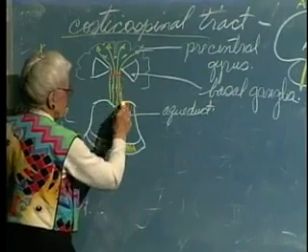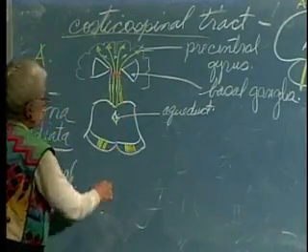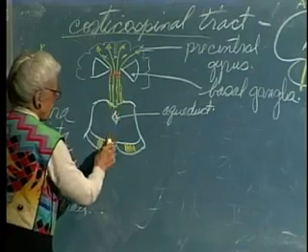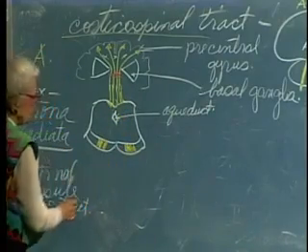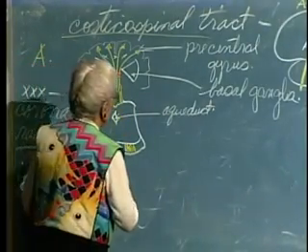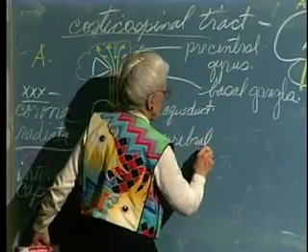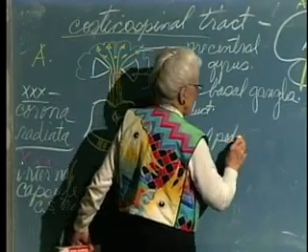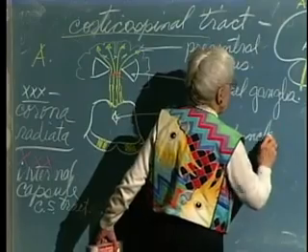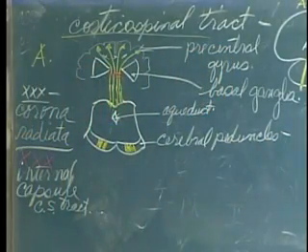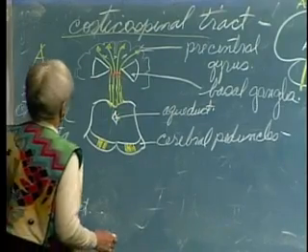I just have to do it this way because I don't have the dimensions, but you realize this is a continuation down. And we pick them up here in the cerebral peduncles. These are cerebral peduncles. And our next area will give the upper medulla. This was midbrain.